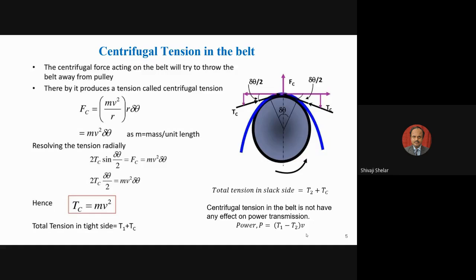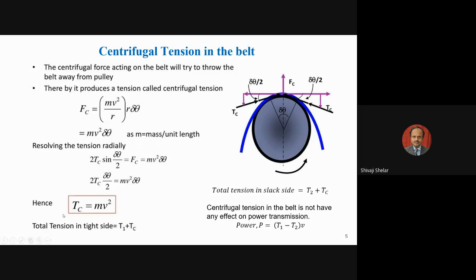The centrifugal tension should not be greater than one third of T1. Otherwise, the belt may slip and lose contact, because the basic effect of centrifugal force is to throw the belt away from the surface. So it will lose contact here. As it loses contact, slip will happen. So that is very important.